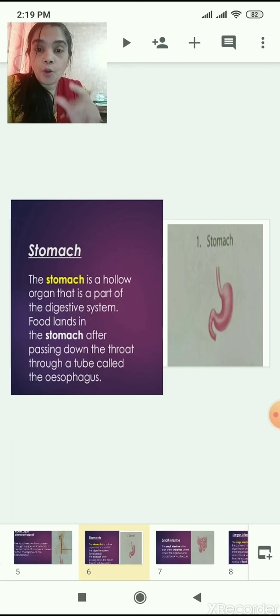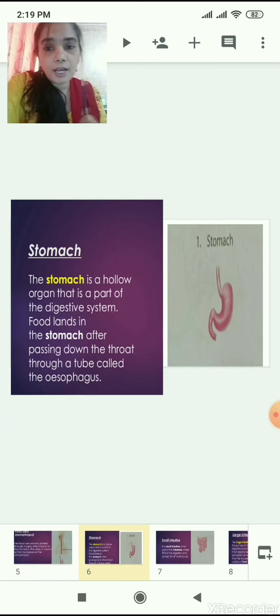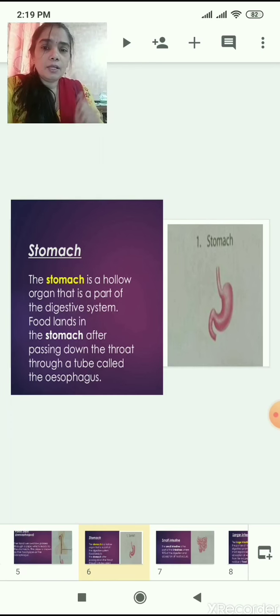Have you seen your mom using the mixer? She will put some ingredients in the mixer jar, close it and switch it on. What happens? The mixer starts rotating very fast, that is, vigorously. It goes round very fast and makes the food into fine particles.